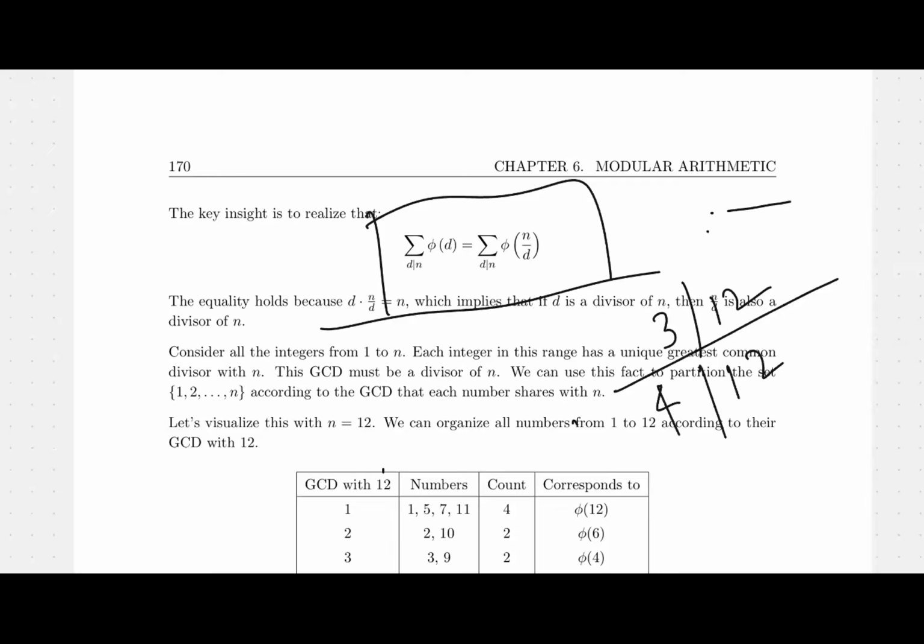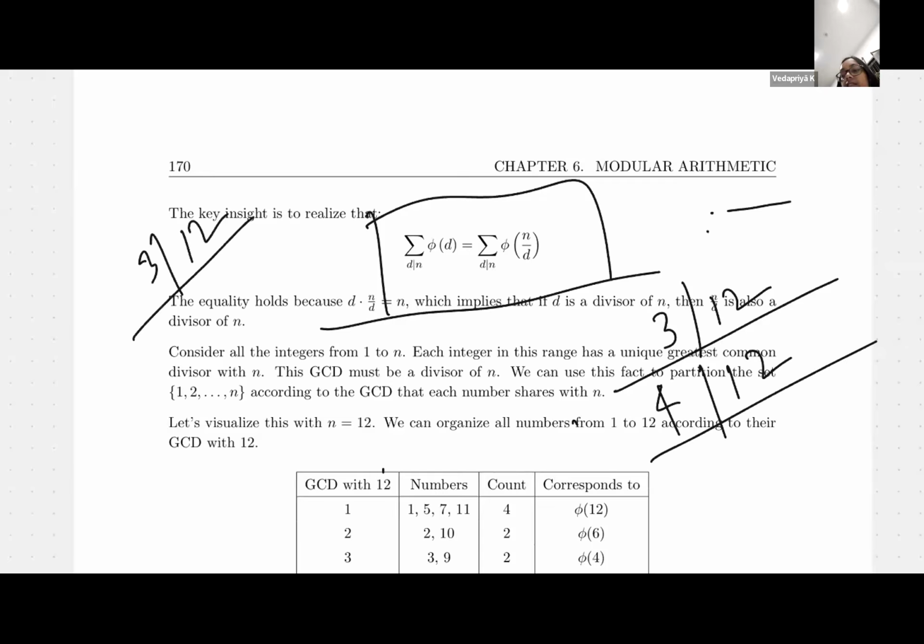Think about it. Why is that true? Because the quotient is also a divisor of 12, by definition, because the remainder is 0.